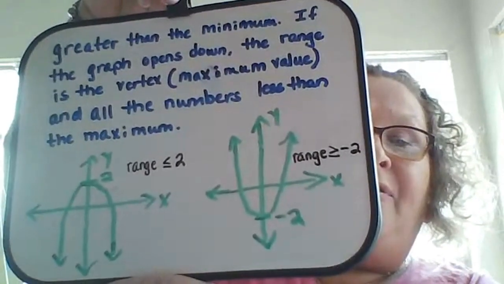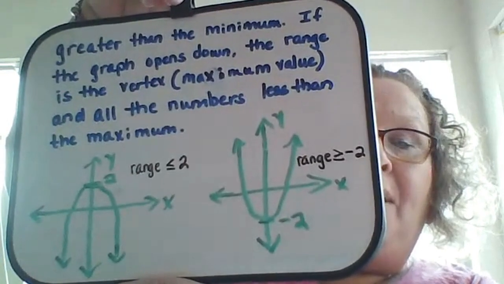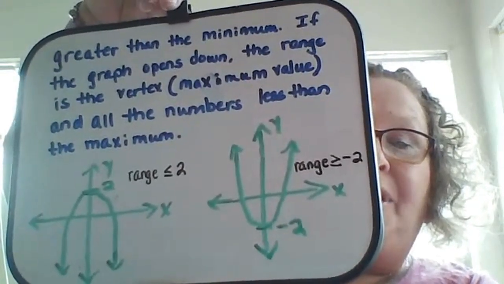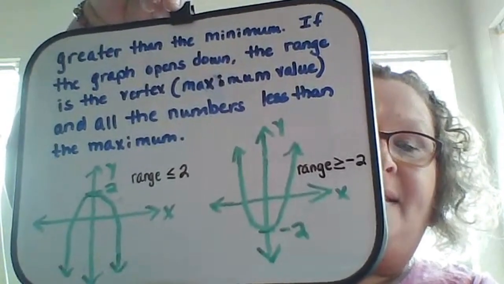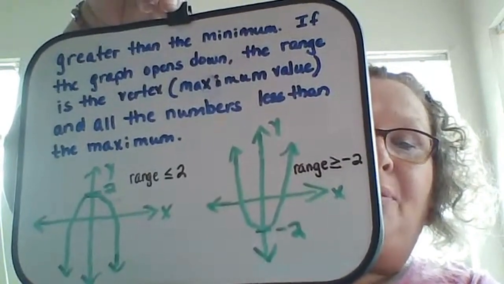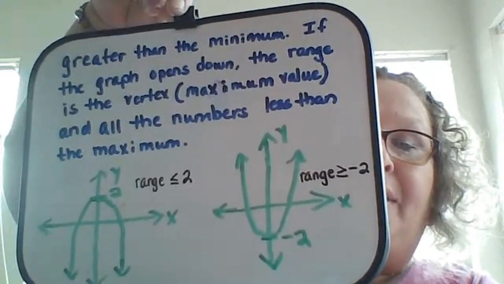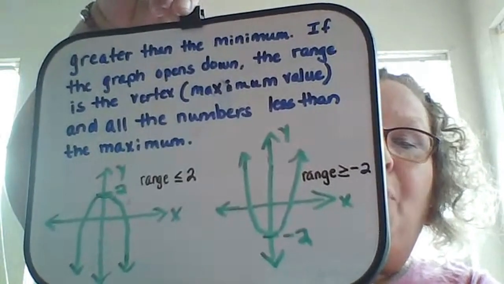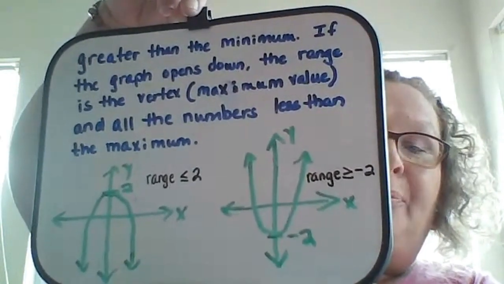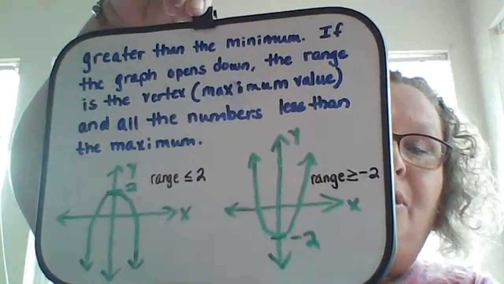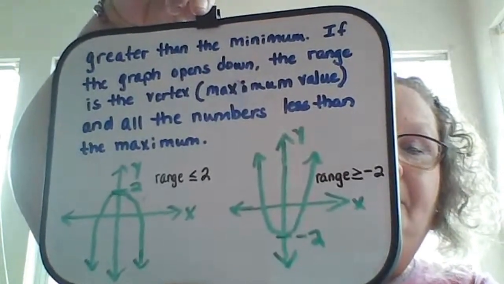In the second graph, you see that the minimum, which is the vertex, is at negative 2. That's where it crosses the y-axis. So you see that the range would be negative 2 and all the numbers greater. So for the second one, the one that opens upward, we say that the range is greater than or equal to negative 2.